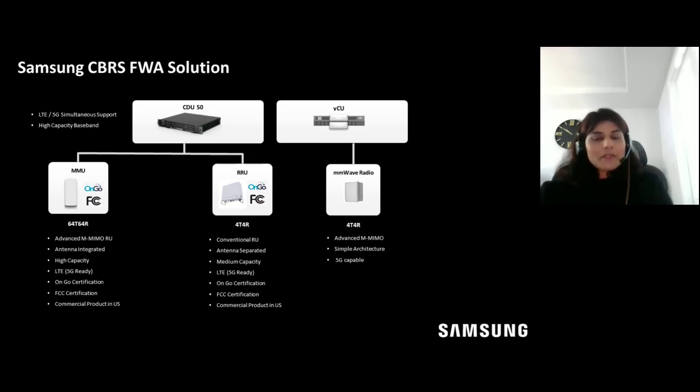Massive MIMO and 44R radios follow traditional RAN architecture and can be connected to a very powerful baseband, CDU50. Our CDU50 is capable of both 4G and 5G simultaneously. It also supports FDD and TDD technology simultaneously. And millimeter wave follows vRAN architecture because it has the DU part integrated within the radio.